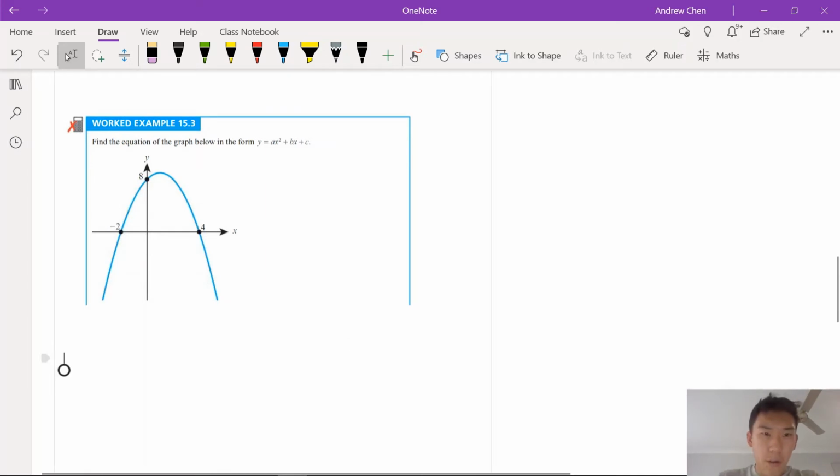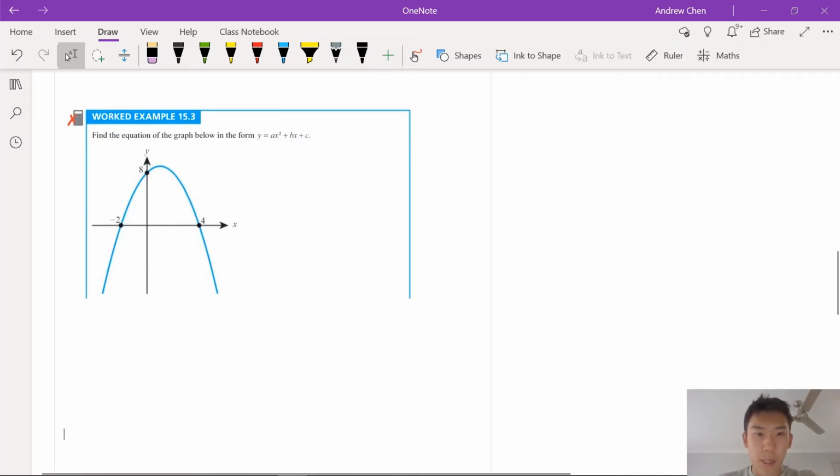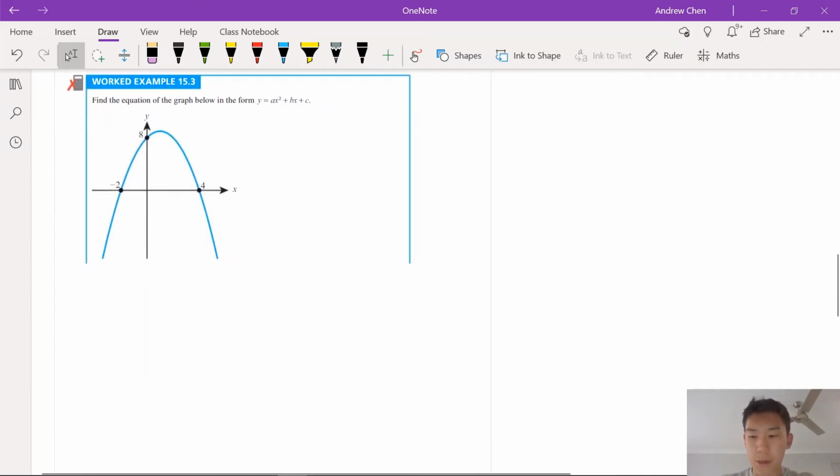Find the equation of the graph below in the form y equals ax squared plus bx plus c. Okay, so let's just use whatever information we've been given, and if we need to, at the end, we'll rearrange the equation into the proper form that we've been asked. So, right, what we've been given are the two x-intercepts and a y-intercept, all right?